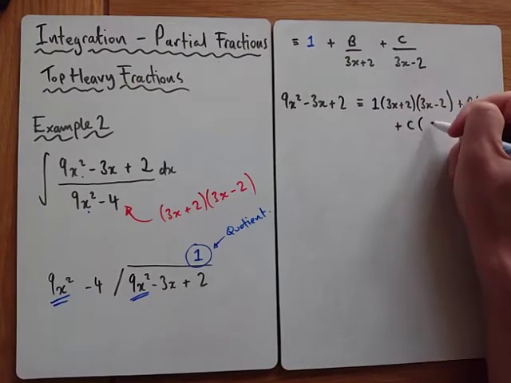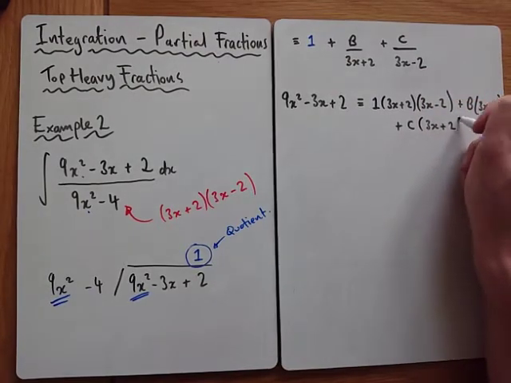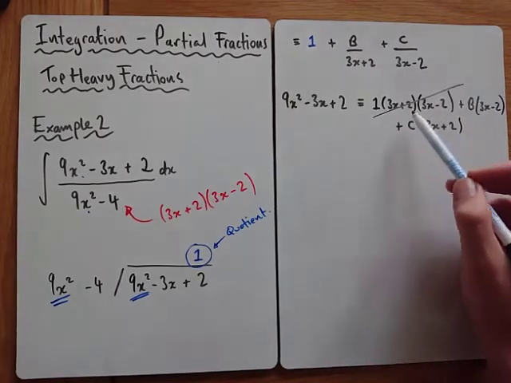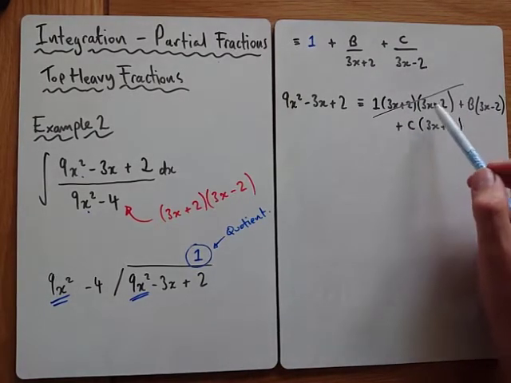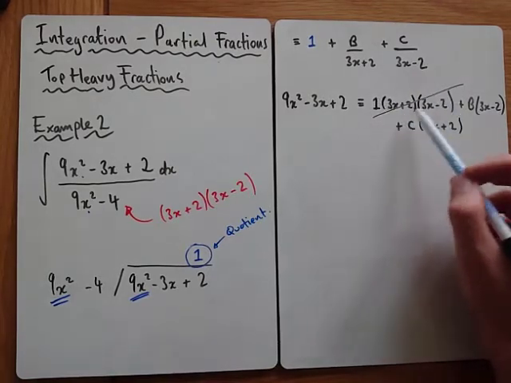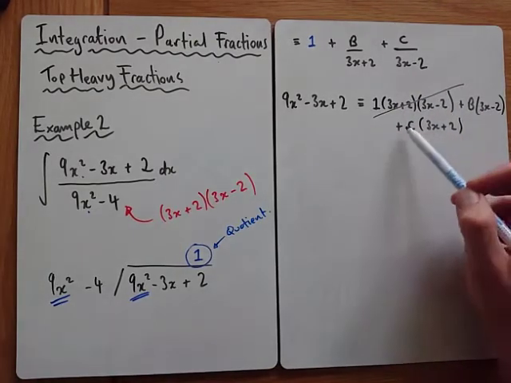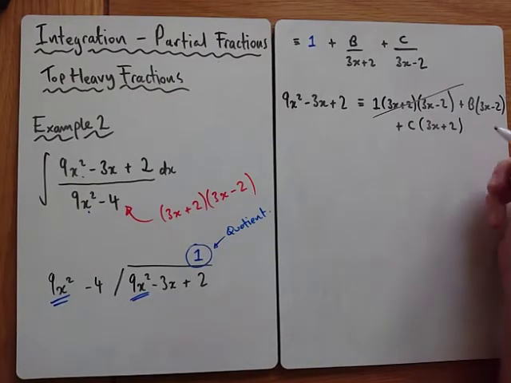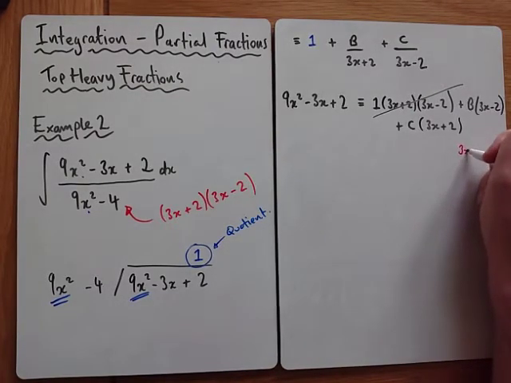And c would be multiplied by 3x plus 2. You will notice that this will disappear both times when we sub in the two values of x, this bracket will always disappear. All we need to do is figure out what b is and what c is. Just be careful again when you're thinking of what value to sub in. Don't sub the wrong x value in.